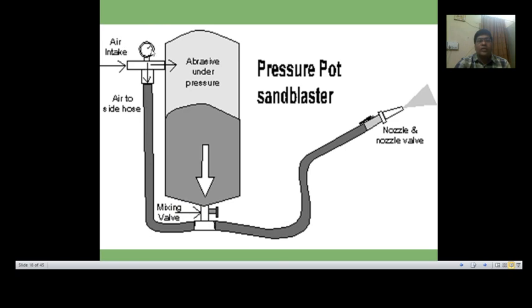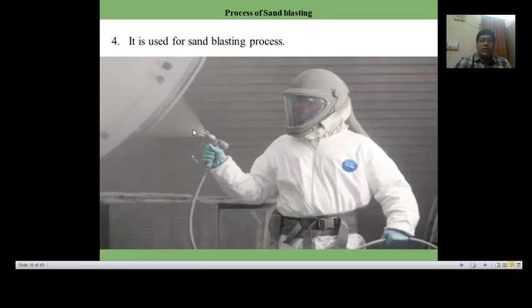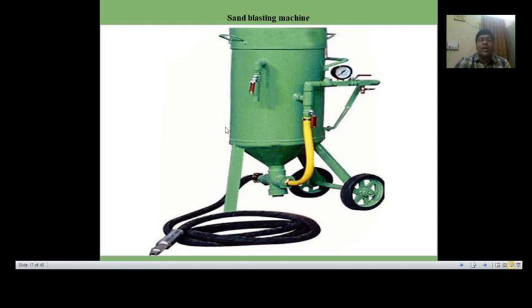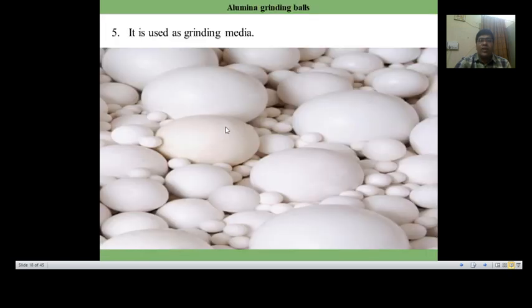The air pressure is adjusted by the pressure gauge, and with the high speed of the air, the small quantity of sand coming down is blown out. The sand is projected at high speed over the surface which is to be smoothened or roughened. Like this, in the sand blasting process, quartz material finds applications.